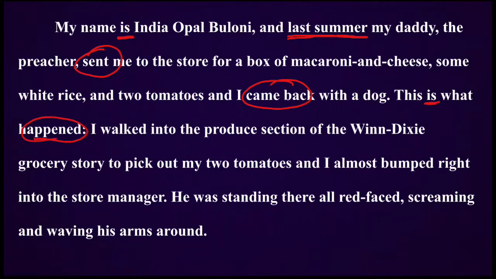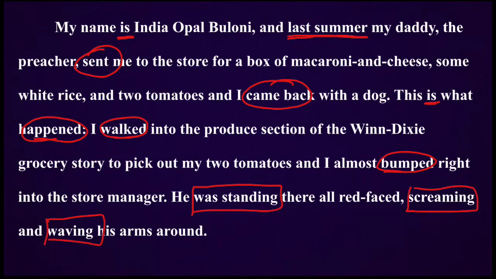I walked into the produce section, so walked, past simple, of the Winn-Dixie grocery store to pick out my 2 tomatoes, and I almost bumped right into the store manager. So bumped is past simple. He was standing there all red-faced, screaming and waving his arms around. So was standing, screaming, waving.